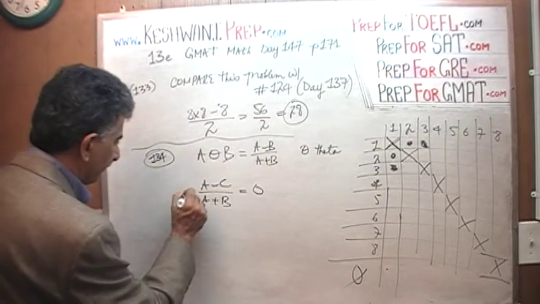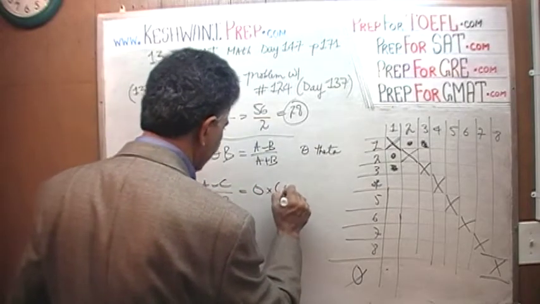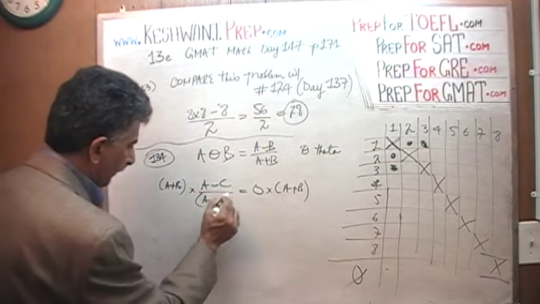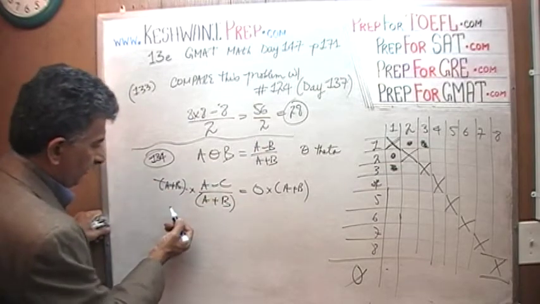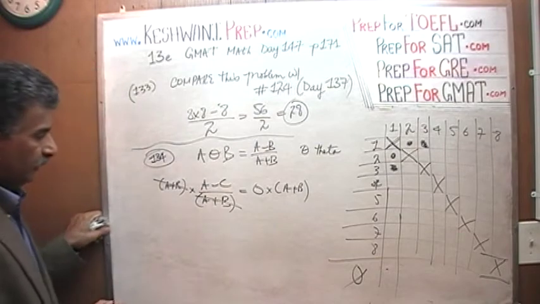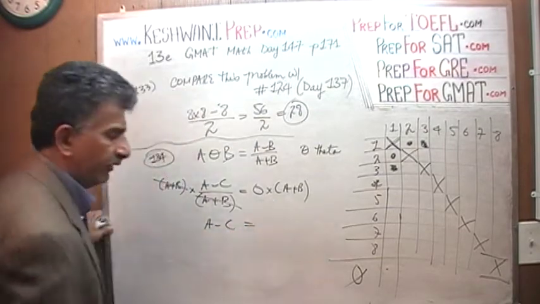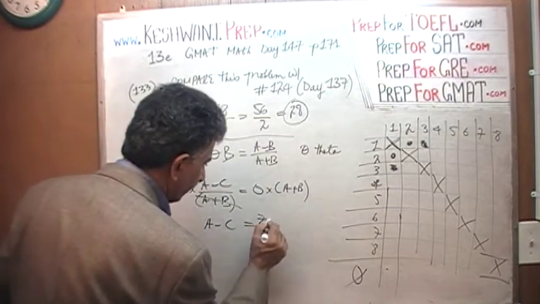So we multiply both sides by A plus C, so that we can cancel out the A plus C. So A minus C equals 0 times A plus C, and 0 times anything is just 0.